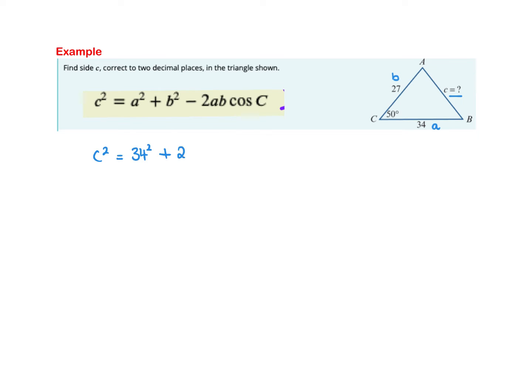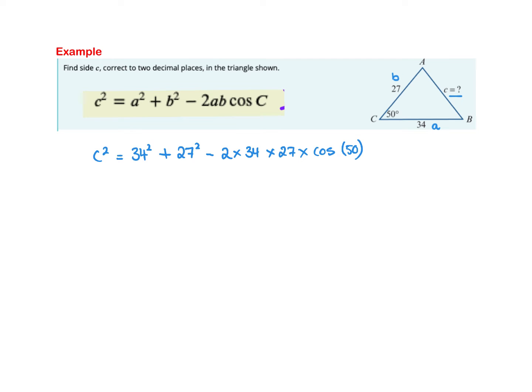B is 27, so I do 27 squared. Then the formula says minus 2 times A, which was 34, times B, which is 27, times cos of angle C. They told me angle C was 50.